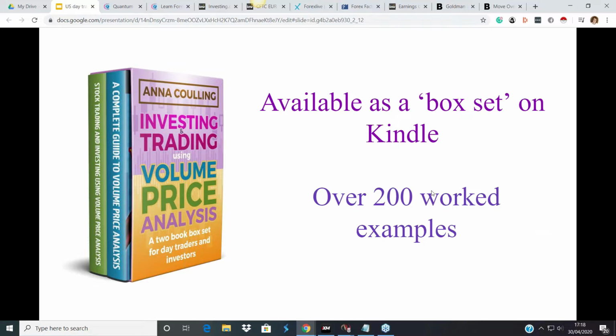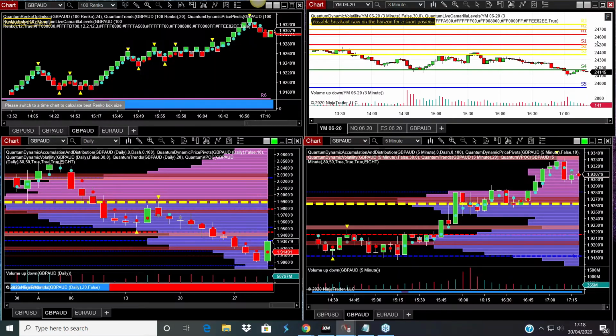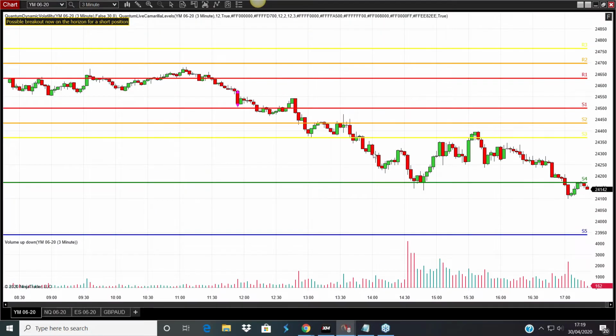And support and resistance actually is quite important today, because it's the end of the month, the last trading day of the month. There's all sorts of things going on at the moment in the markets, particularly as it's earnings season as well. In forex, for example, all sorts of things happen at this time of the trading cycle.